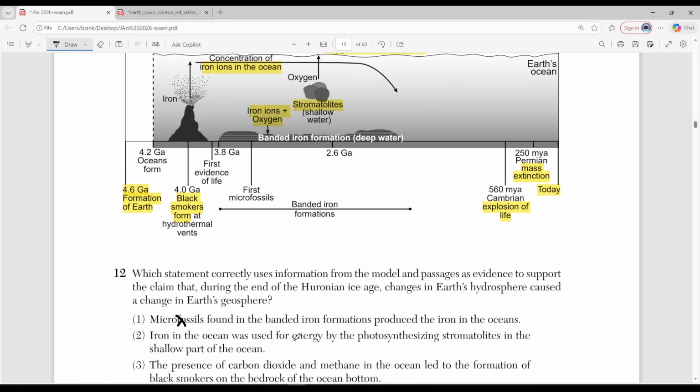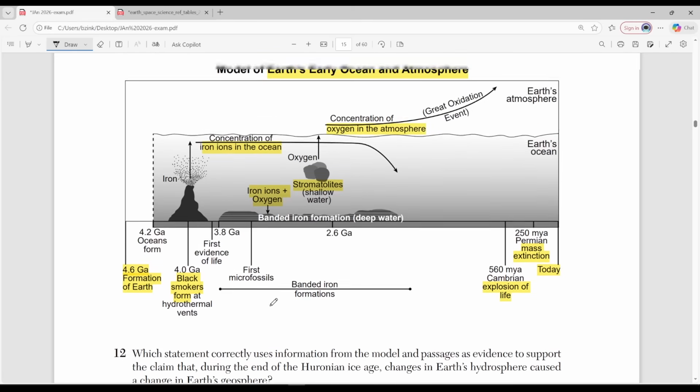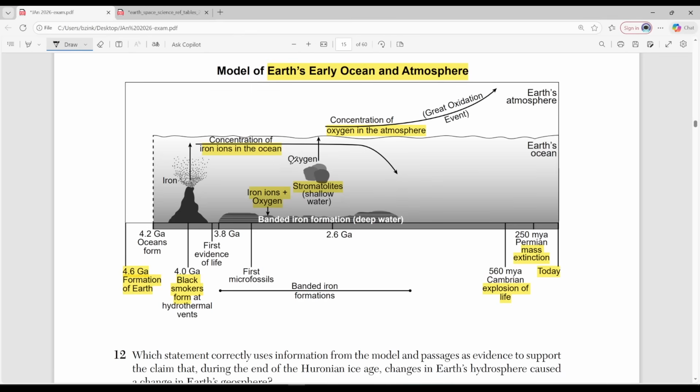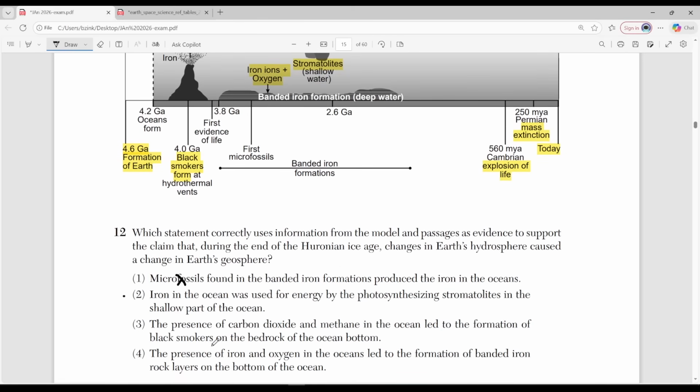Iron in the ocean was used for energy by the photosynthesizing stromatolites in the shallow part of the ocean. It seems like that's probably the case because once the stromatolites were there, the concentration of iron ions went down as the oxygen levels went up, unless they were reacting some way. I don't want to get rid of that one yet.